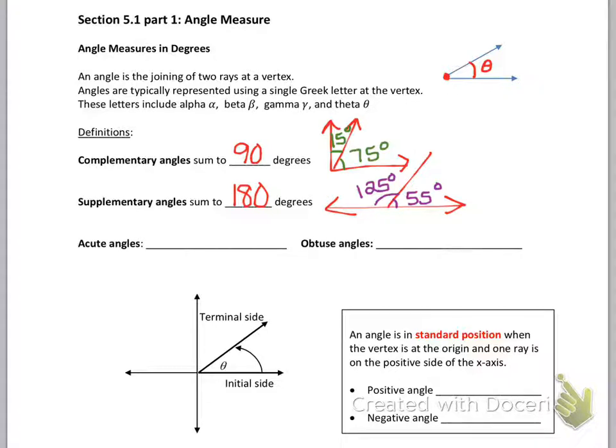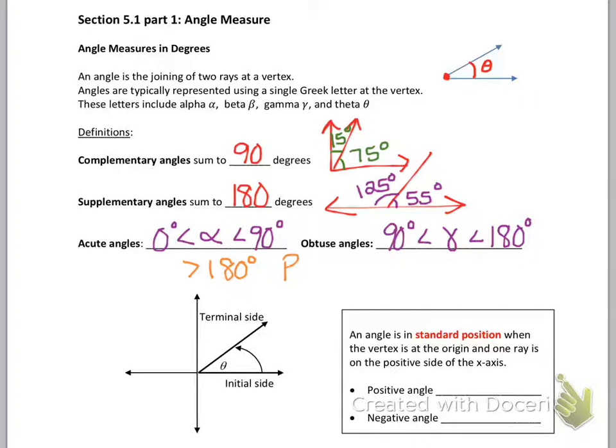So acute angles are angles that are in between 0 degrees and 90 degrees, and I'm going to use the Greek letter alpha just to represent acute angles. And then obtuse are from 90, and I'm going to use gamma, to 180. So if you have anything that is greater than 180 degrees, we call those reflex angles.